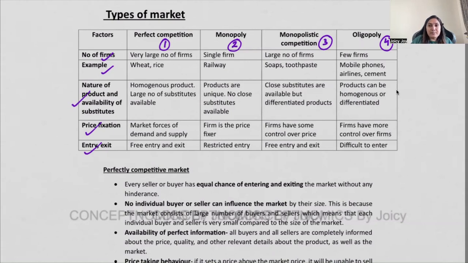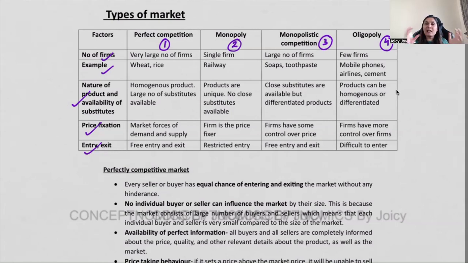Now, let's first come to perfectly competitive market or a perfect competition. What is meant by a perfect competition? A perfect competition is a market condition where there would be a large number of firms, which means the market is highly competitive. Anybody can enter the market, anybody can easily exit from the market.